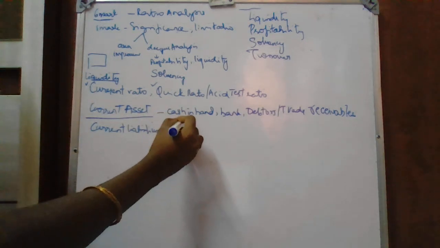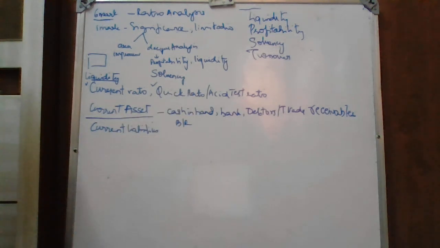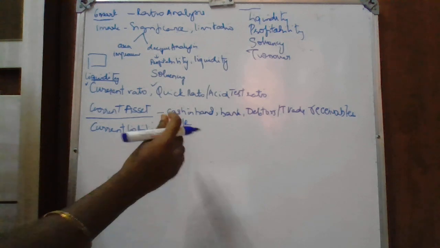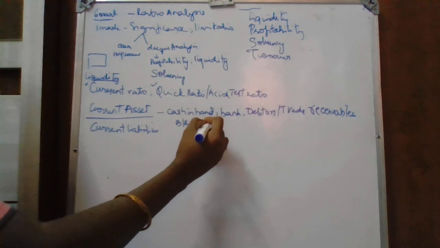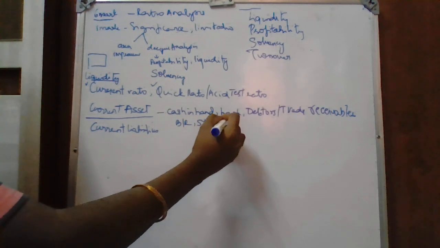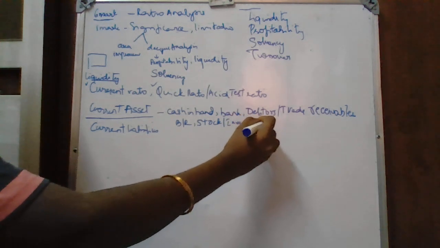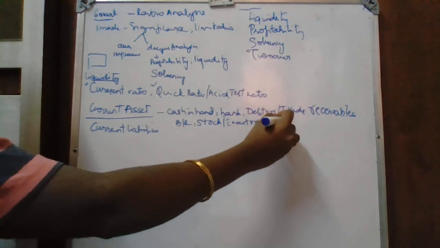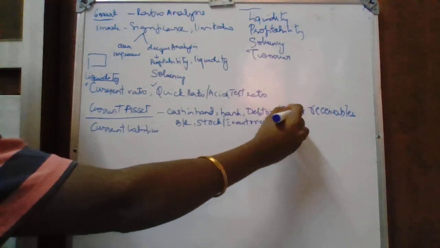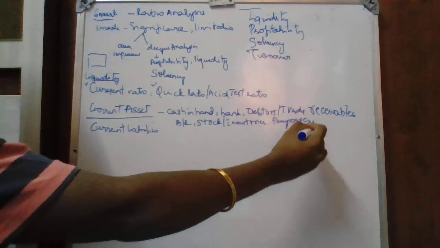They will give you bills receivable. Then we have stock, or they might give you inventories. Prepaid expenses.